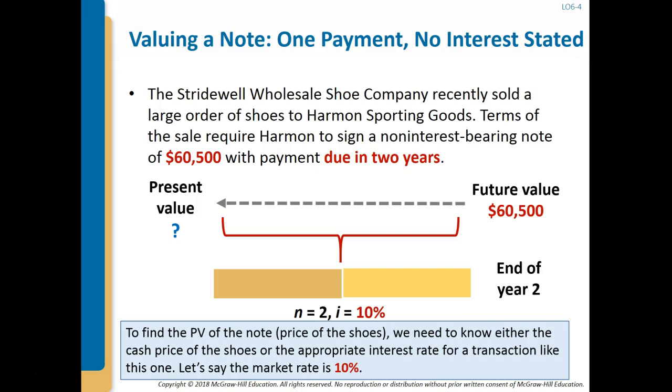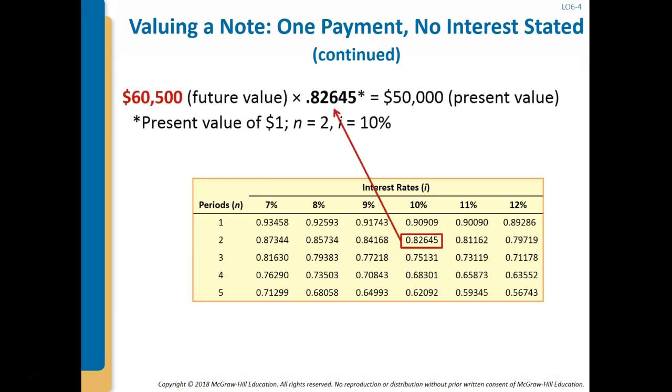So to find the present value of the note, which is the price of the shoes, we need to know either the cash price of the shoes or the appropriate interest rate for a transaction like this one. Let's say the market rate is 10%. How should Stridewell and Harmon value the note receivable or payable and corresponding sales revenue or inventory?